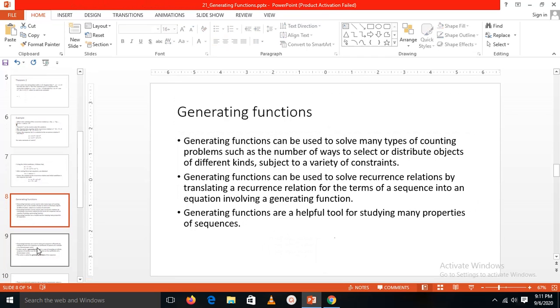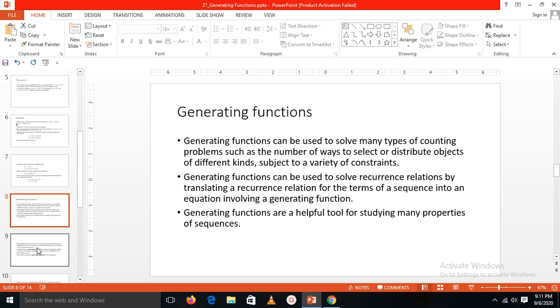Next, now this is our last point in this unit, third unit. Okay, what is that? The generating functions. The generating functions can be used to solve many types of the counting problems, such as the number of ways to select or distribute objects of different kinds, subject to a variety of the constraints.